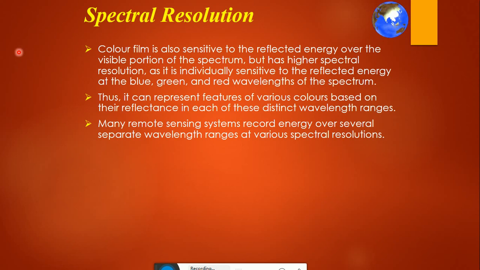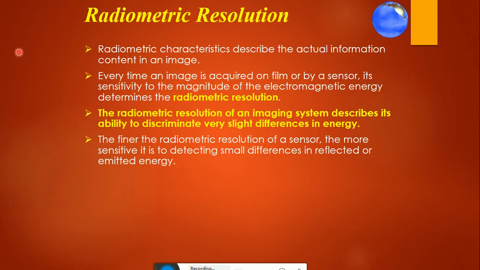Many remote sensing systems record energy over several separate wavelength ranges at various spectral resolutions. So, spectral resolution depends on the electromagnetic radiation that we have seen in the first part of this video. Hope you all have well understood.